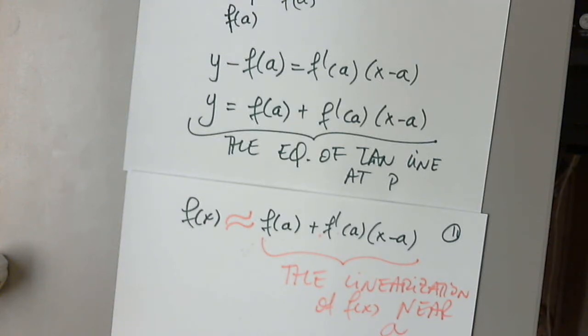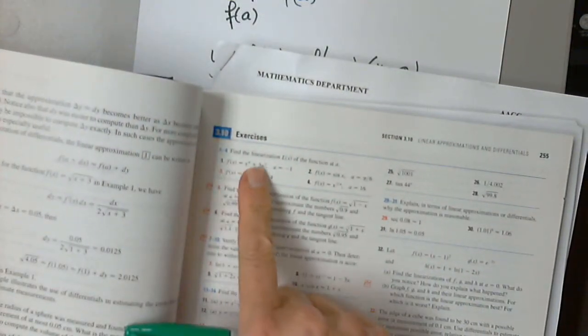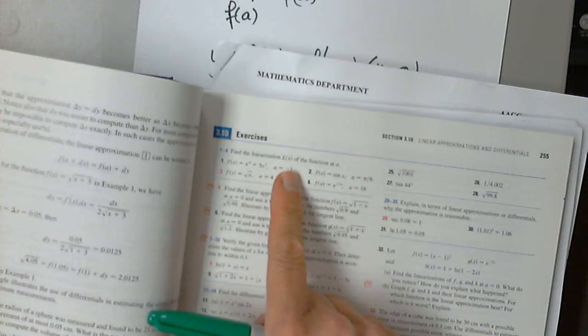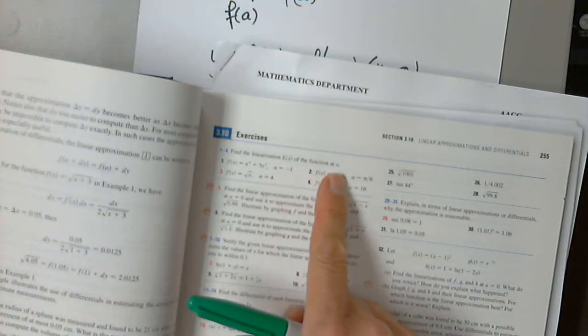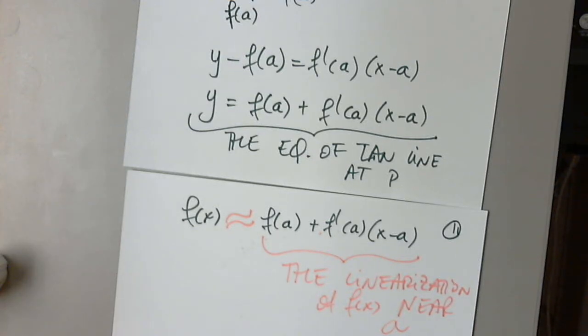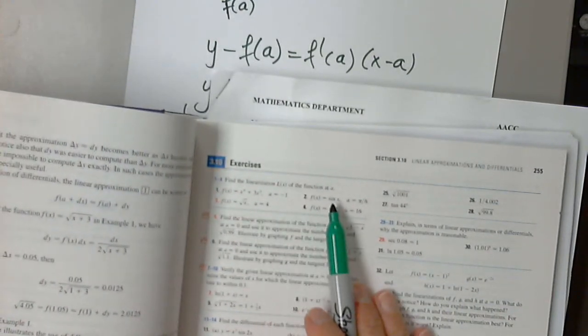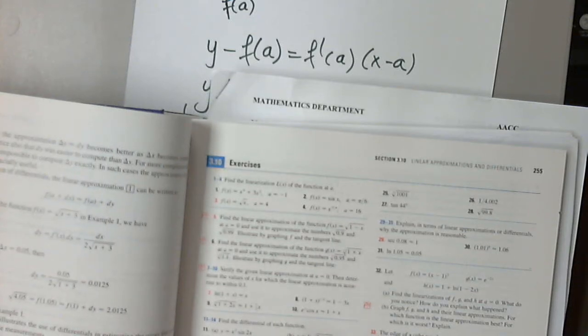Okay, so let's apply this. Find the linearization L of x of the function at a. The notation of this function, which is approximately f of x, is uppercase L of x. Would you like to choose? Find the linearization L of x of the function, it doesn't matter which one you pick.